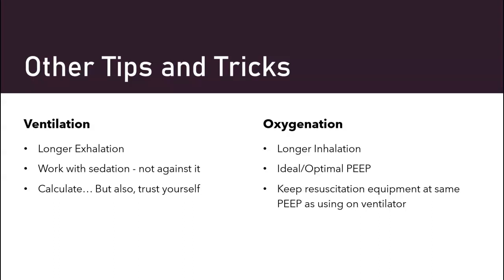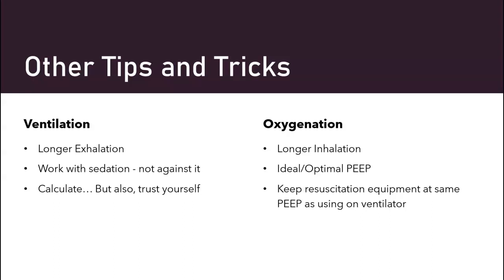And then one of the things that I have learned at the bedside, some other tips and tricks: you will always keep resuscitation equipment at the bedside, so an ambu bag or whatever your facility uses. Like an ambu bag if you're in an adult ICU. You'll have a PEEP valve on it.